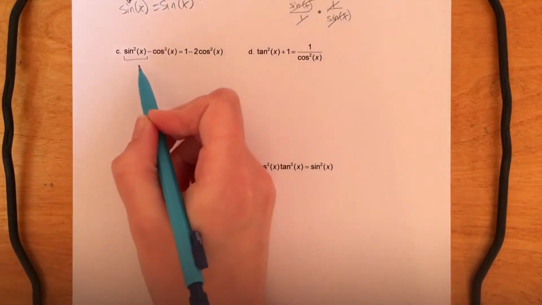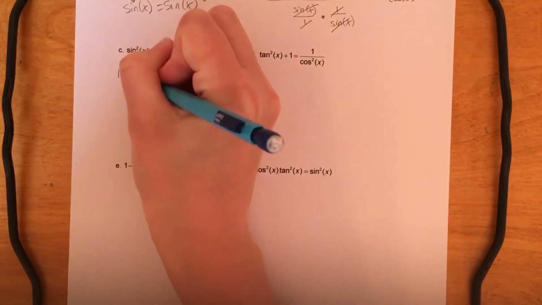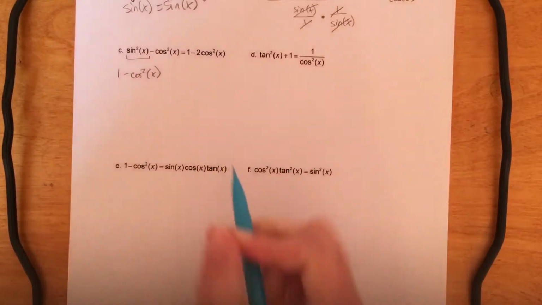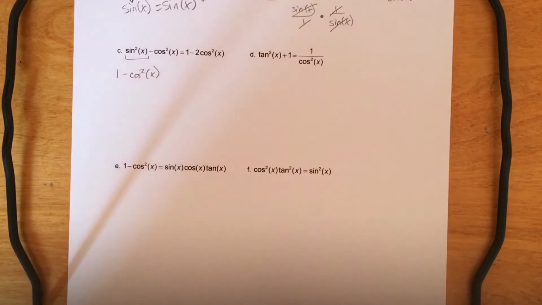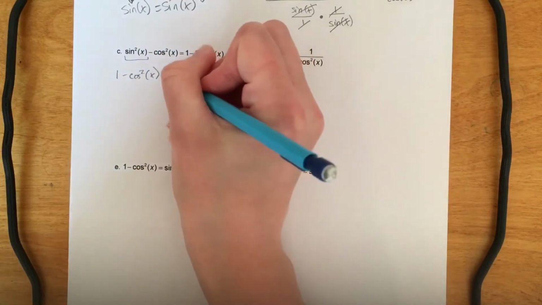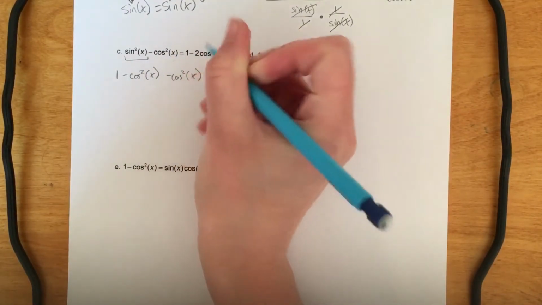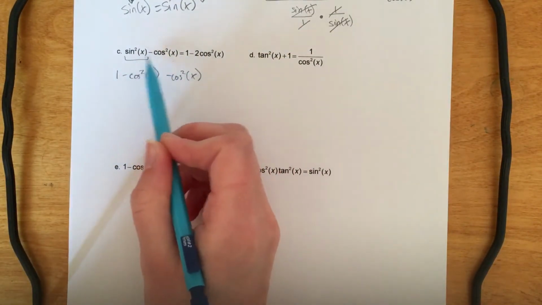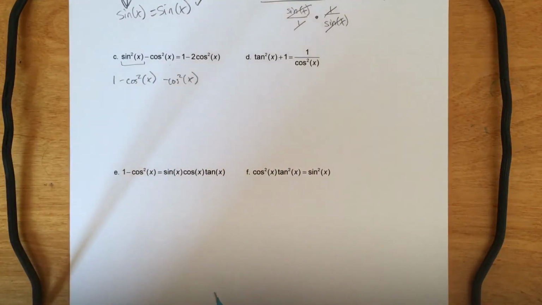So I'm going to change sine squared of x to be 1 minus cosine squared of x, because we just rearranged the main Pythagorean identity, sine squared plus cosine squared is 1. So that's right here. Now we still have minus cosine squared of x. I decided to start on the left side this time. You can do it either way, just sometimes one way is easier than the other.